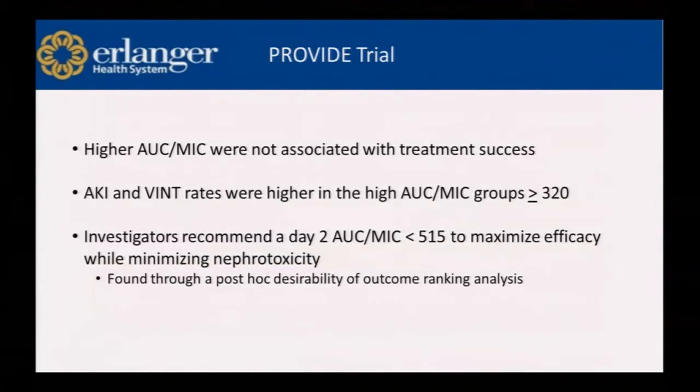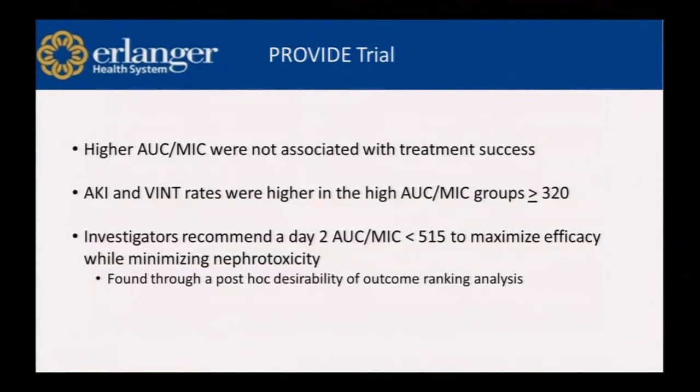So what I want you to take from this is that targeting high troughs and high AUC MICs doesn't necessarily get you better outcomes with your patients, and it does get you higher risk of nephrotoxicity. So it's not necessary to be targeting troughs on the high end of 600 consistently. It's better to just go within even the lower end of guideline recommendations, closer to that 400 if possible.